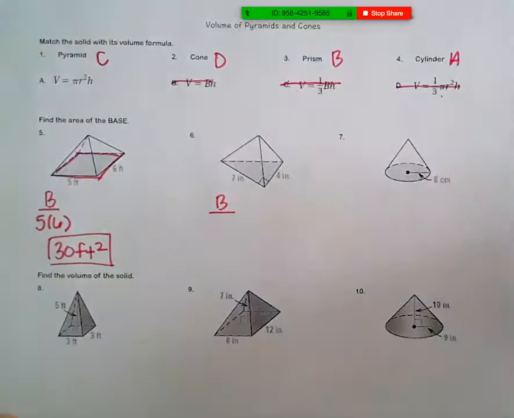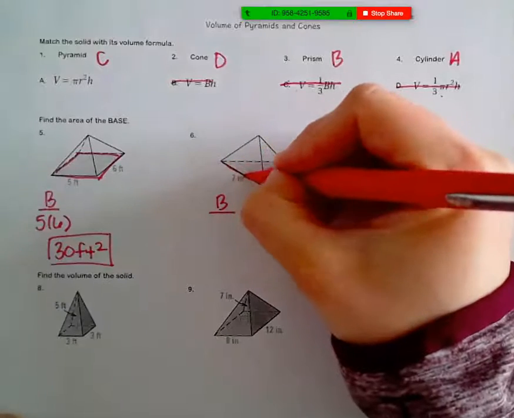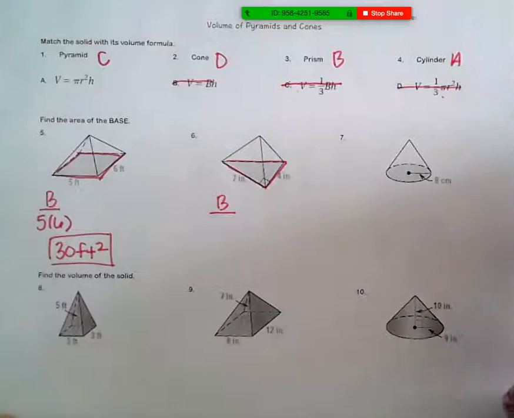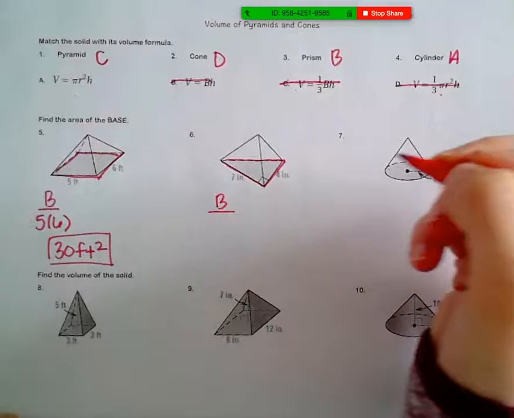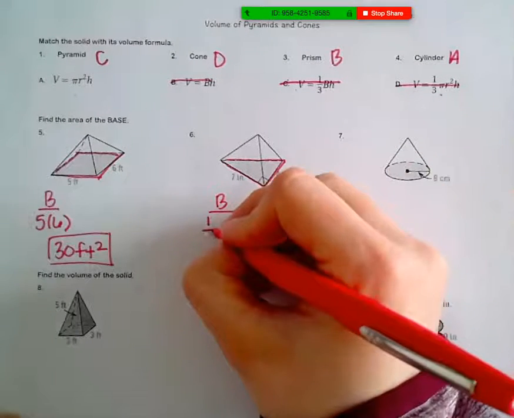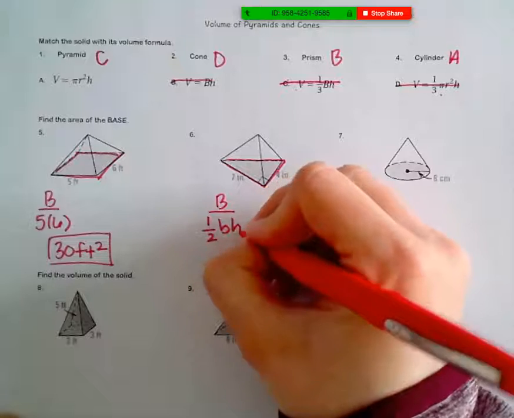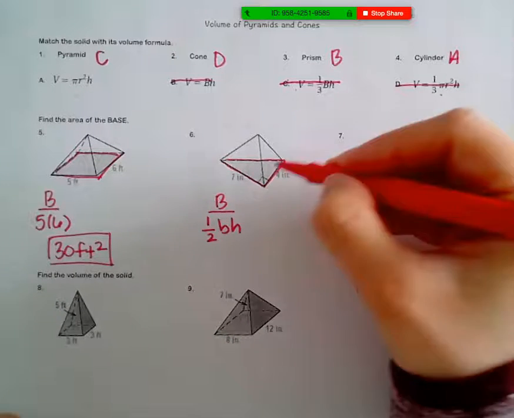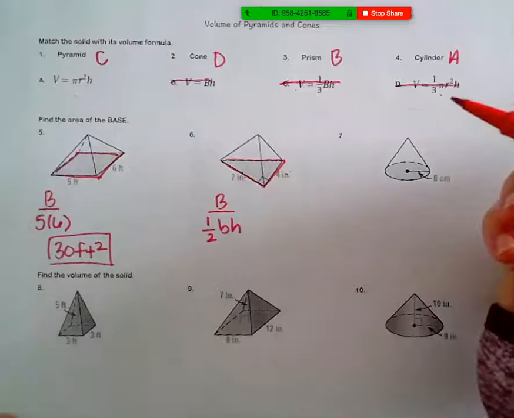Okay, on number 6, what's our base shape? A triangle. Yes, good job. A triangular pyramid. So we're going to have half base times height. What would our base and height be of this triangle? 7 and 4.